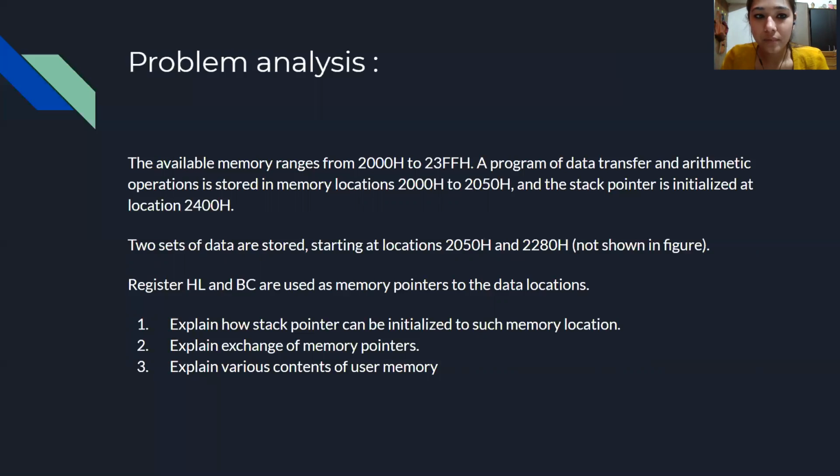The thing to be noticed here, which can be a point of confusion, is that the available memory ranges up to 23FFH only, and the stack pointer is initialized to 2400H. So is it valid or not? Remember that we discussed that the address to which the stack pointer is initialized is not the address where the data starts being loaded.